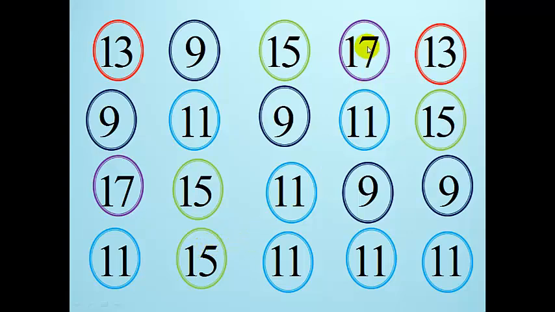Age 17, we have 1, 2. Age 13, we have 1, 2. Age 11, we have 1, 2, 3, 4, 5, 6, 7. So we are going to develop a table based on the data we have here according to the ages of the students.